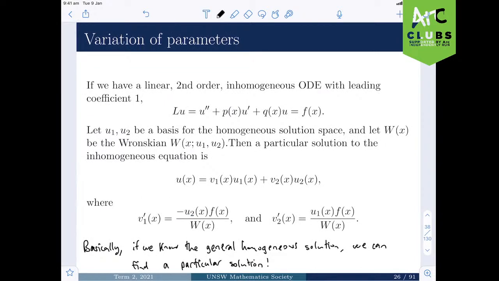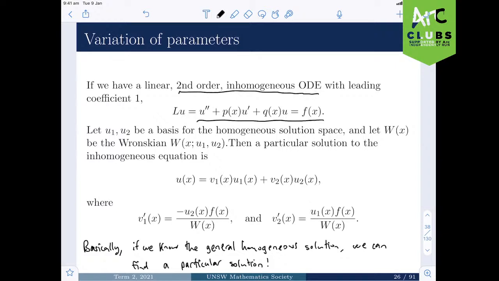Another cool technique. Variation of parameters is a way of getting a particular solution given that you already have two linearly independent homogeneous solutions for the second order ODE case. Let's say we have a linear second order inhomogeneous ODE with leading coefficient 1 in this form. It's a very general form.